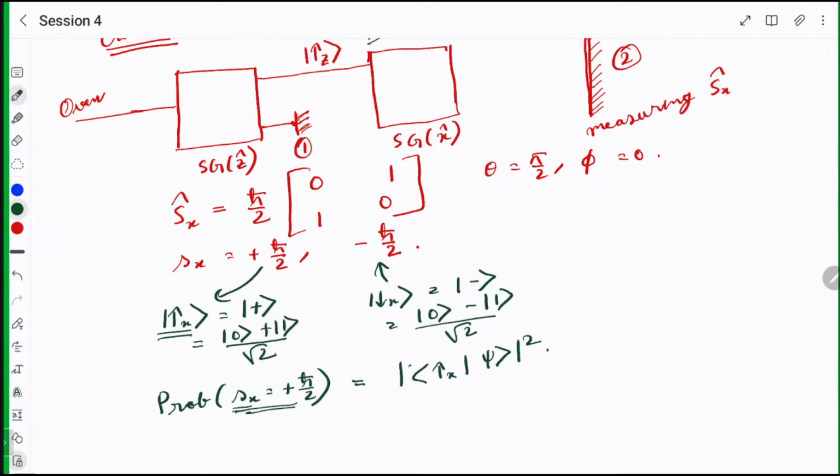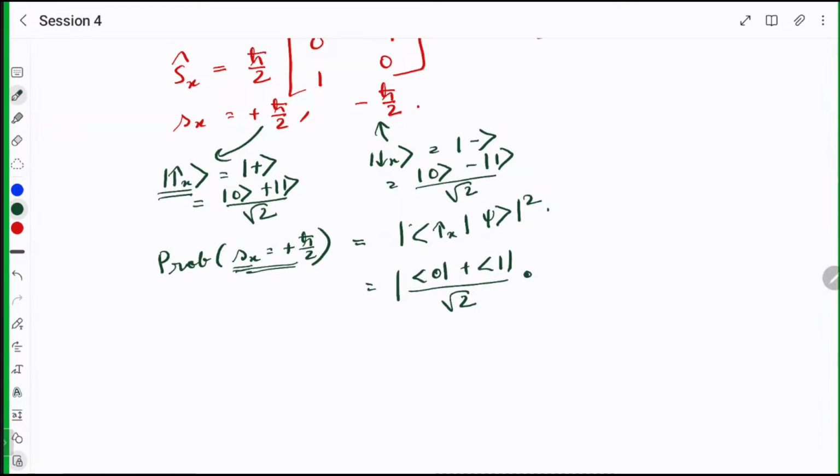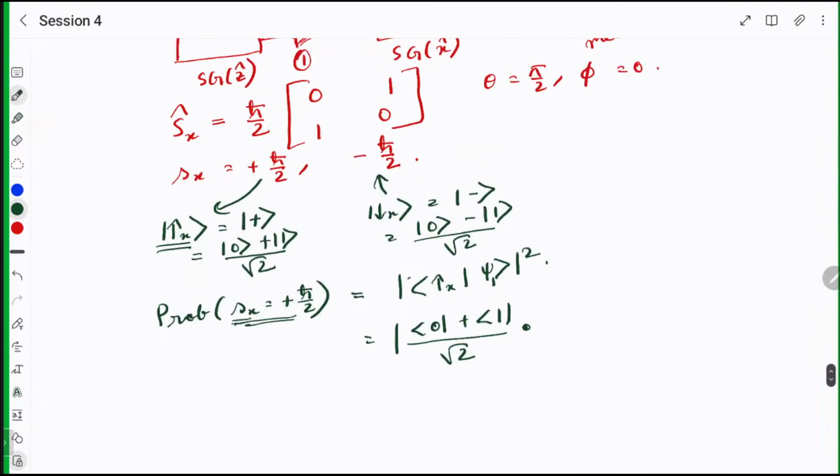The ket up x I have given here is (ket 0 plus ket 1) by root 2, so bra up x will be (bra 0 plus bra 1) by root 2. And my state was in up Z, which is just ket 0.